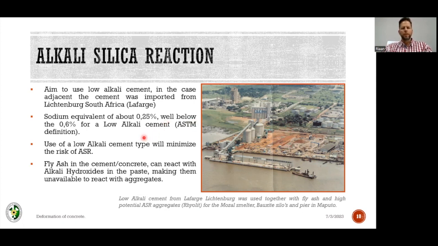They also added fly ash to the concrete, and this fly ash also reacted with the hydroxides, reducing the alkalis available for the ASR reaction to happen. So this cement came from Lafarge in Lichtenburg, and it was used with fly ash, with high potential ASR aggregates, rhyolites, the Mosel smelter, and bauxite silos in this pier in Maputo.